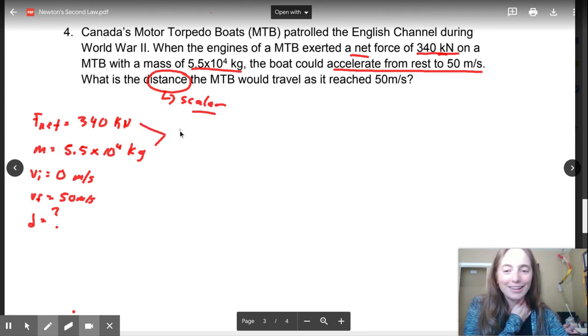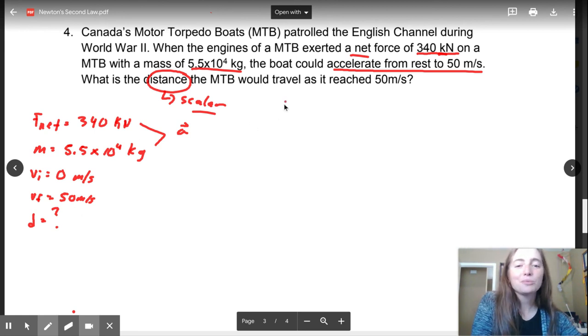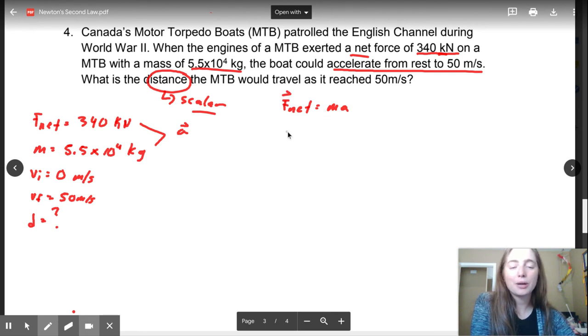I can get acceleration out of this. Once I have acceleration, VI, VF, can I get distance? Of course. So my first thing is going to be my F net equals MA, and then I'm going to use that to calculate my acceleration.